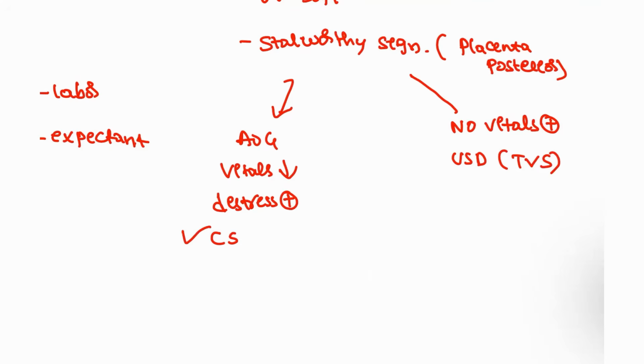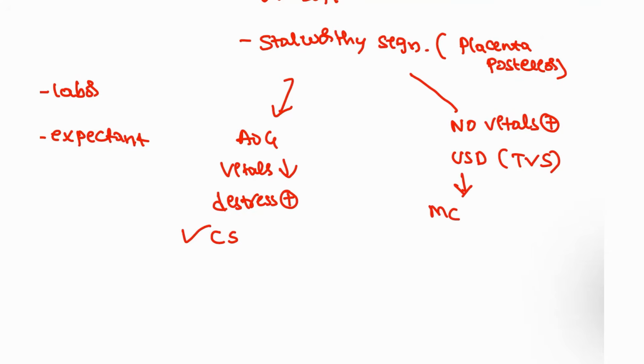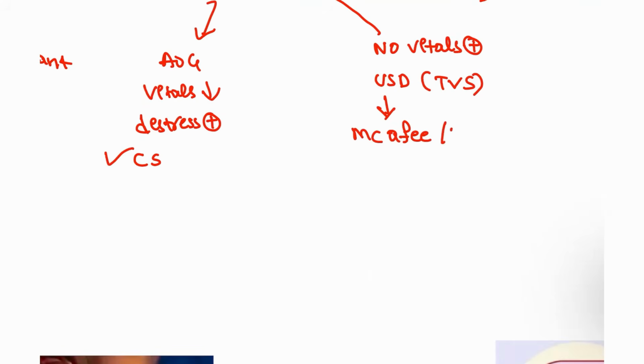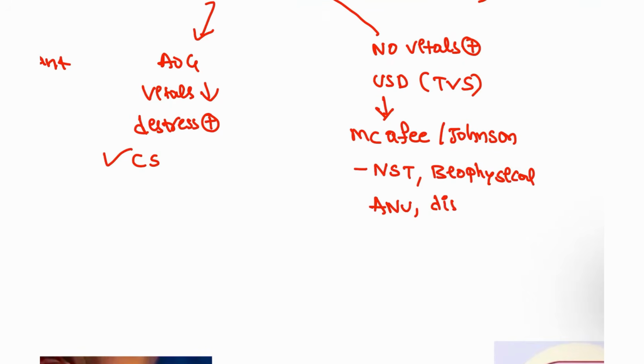And if the patient is normal, then we can go for the Macafee regimen. Okay, Macafee regimen we have to follow. What does this Macafee Johnson regimen mean, guys? We are going to do the NST test, see the biophysical profile, and do regular monitoring, antenatal visits, and check whether fetal distress is present or not.